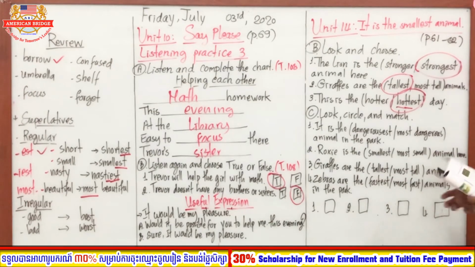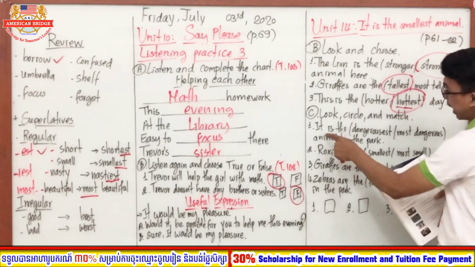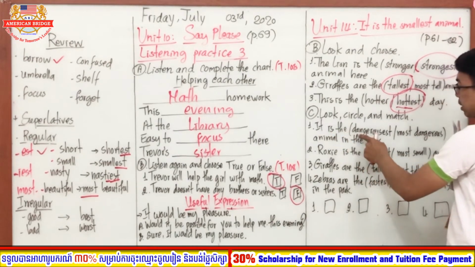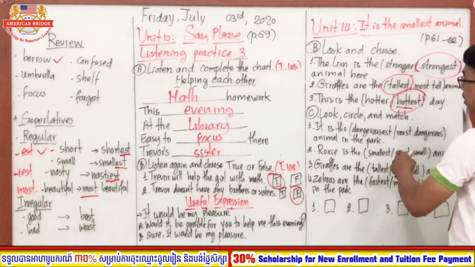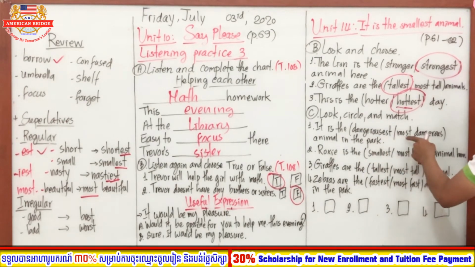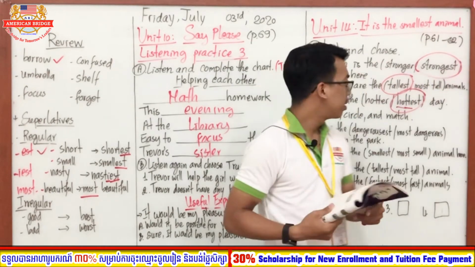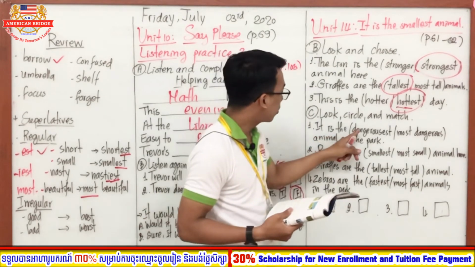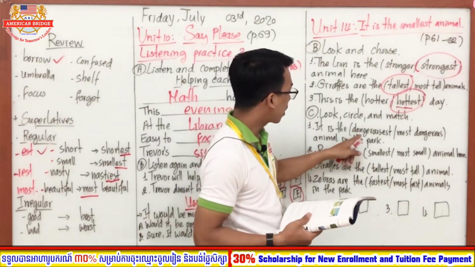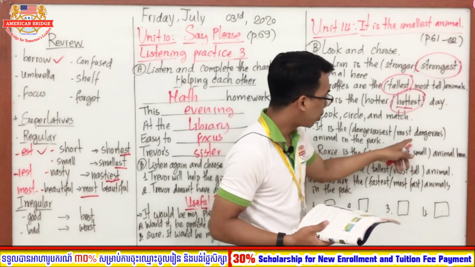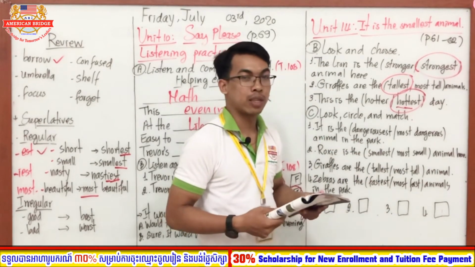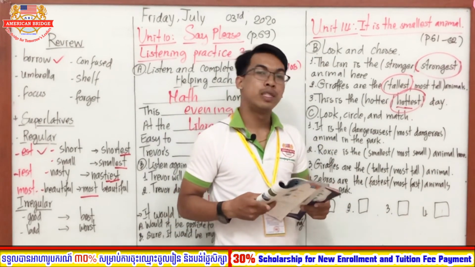Alright, so let's move on to the next one. Number 1: it is the dangerousest, most dangerous animal in the park. So anyone, based on the sentence, dangerousest or most dangerous, which one is the correct answer? Yes, very good.